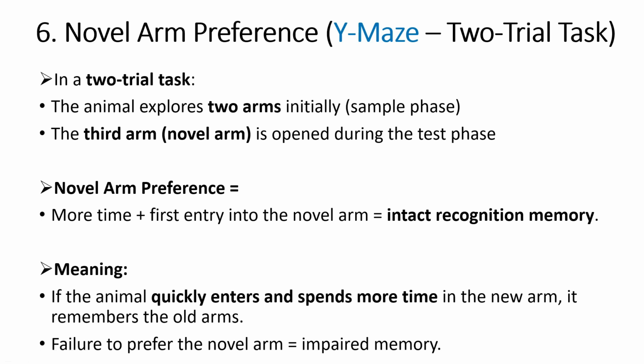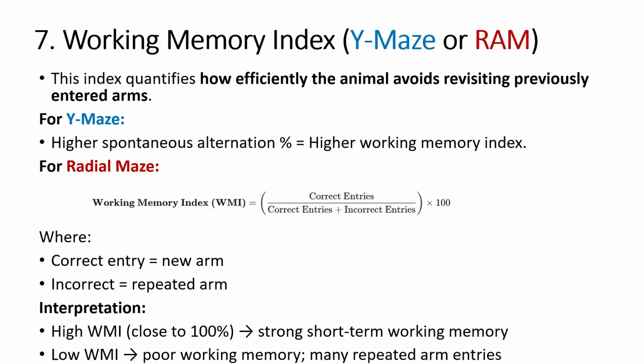We will see the next parameter, working memory index, Y maze or radial maze. This index quantifies how efficiently the animal avoids revisiting previously entered arms. For the Y maze, high spontaneous alternation percentage equals high working memory index.